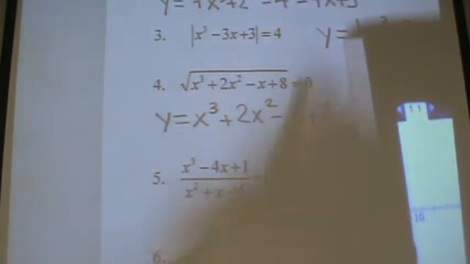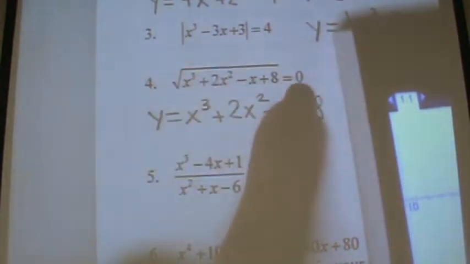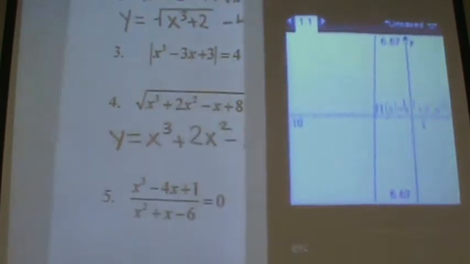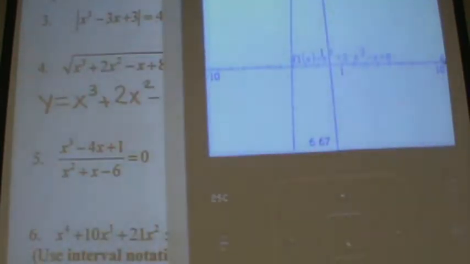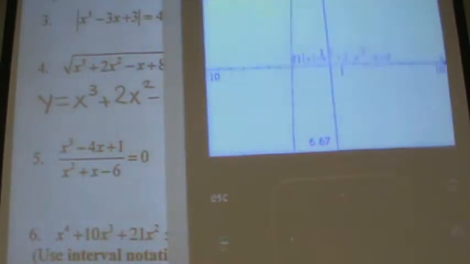Do you do them for all of them like that? Only the one with a single radical set equal to 0. Only that one. And this answer, if you hit menu, analyze graph, 0, is negative 3.13.